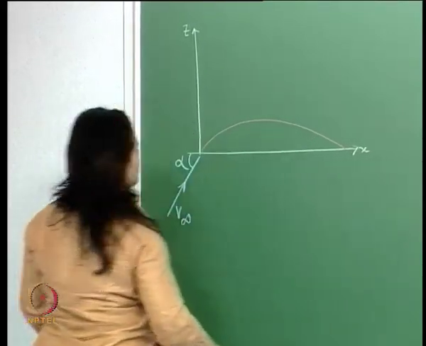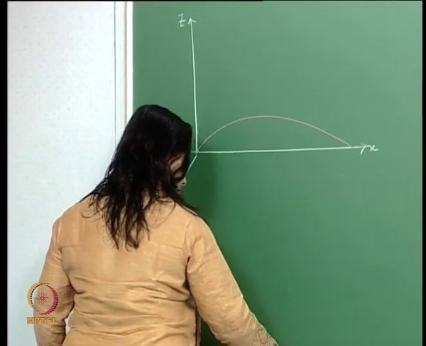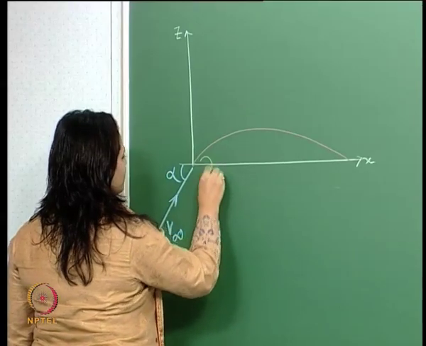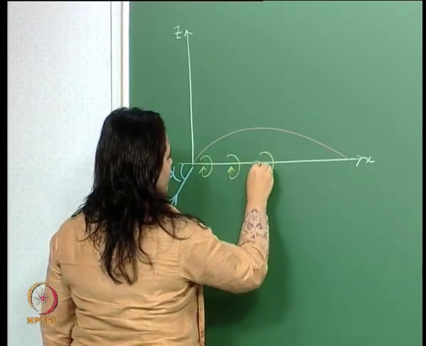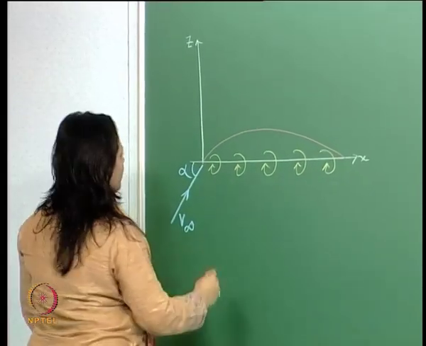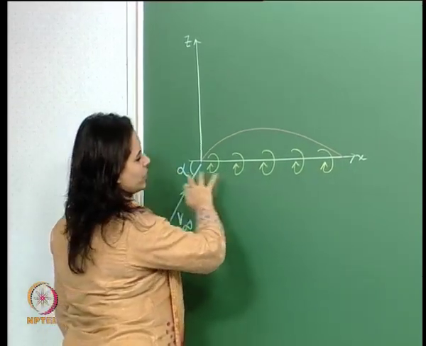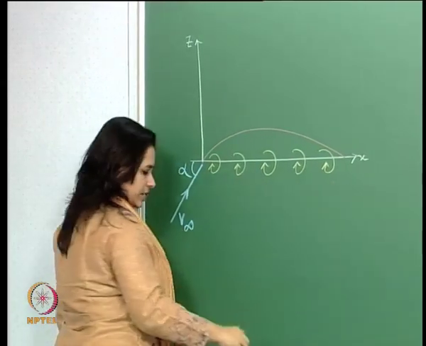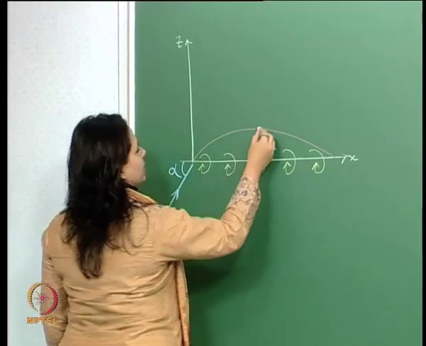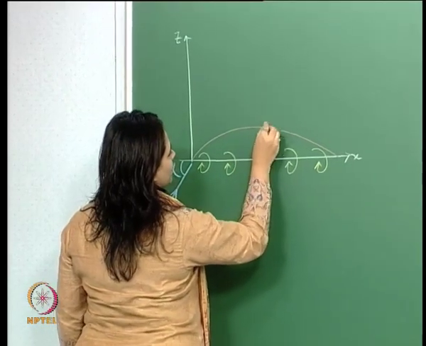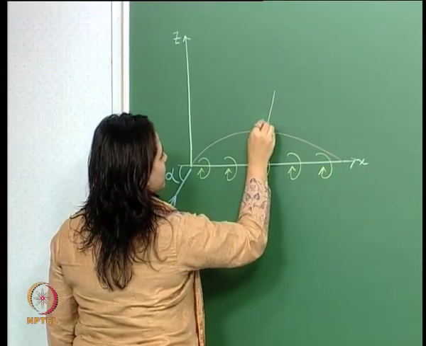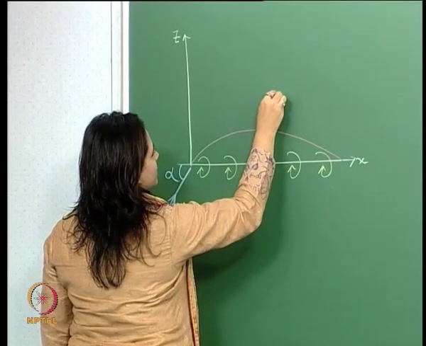For a thin airfoil, I am distributing my vortices on the x axis, but I am still satisfying the zero normal boundary condition on the streamline. Say at this particular point P.